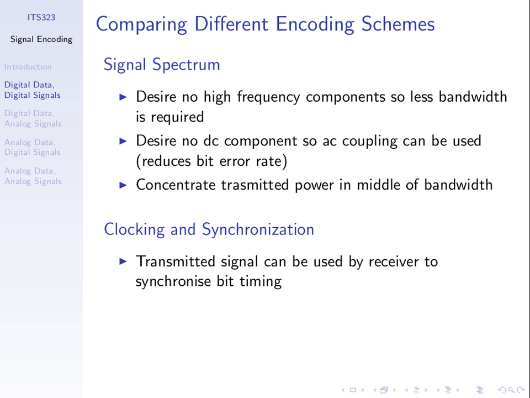So if the clocks become unsynchronized, if the clocks at the transmitter and the receiver are not correct and have a large difference, then it's possible for the receiver to measure the wrong value, i.e. a bit error occurs.